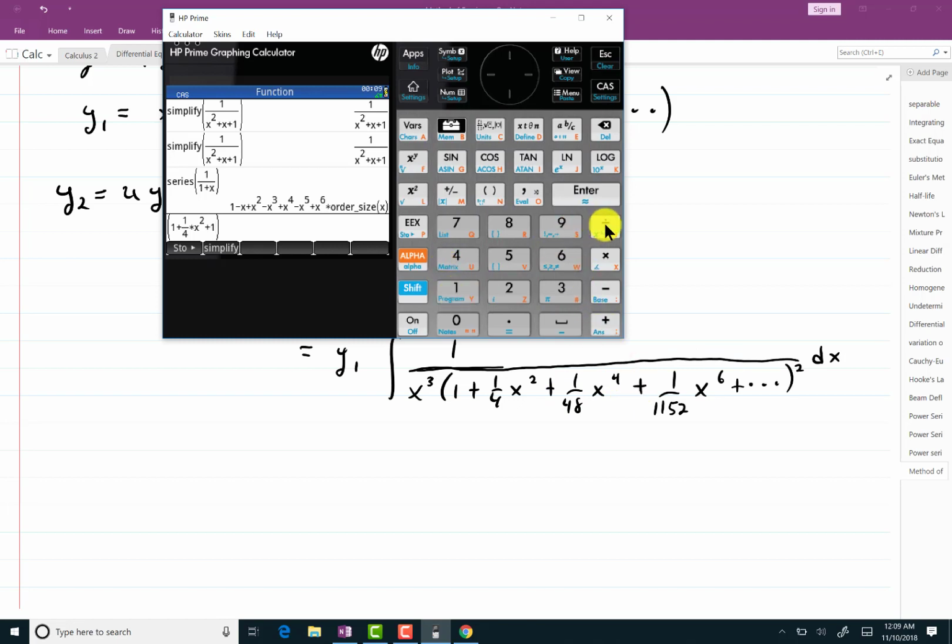1 divided by 48, and that's times x to the 4th. And then we have plus 1 divided by 1152, and that's x to the 6th. And I'll stop there.